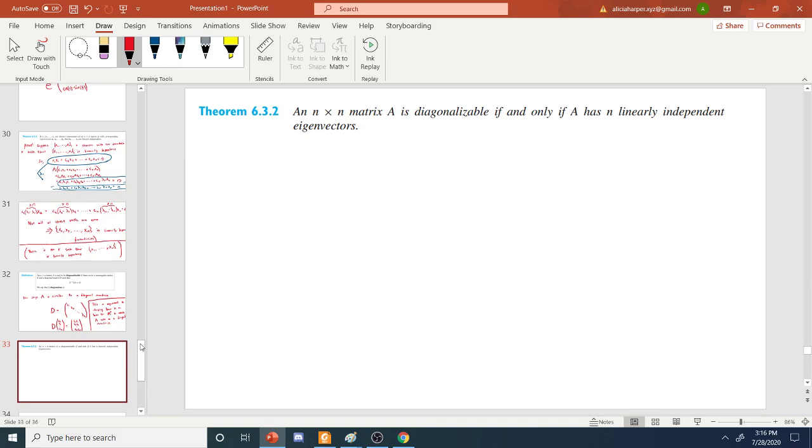I'm going to prove one direction of this, and the other half of the proof you can read in the book if you're curious. So suppose A has n linearly independent eigenvectors.